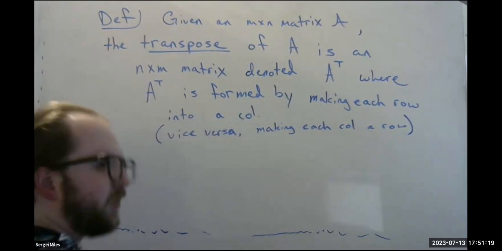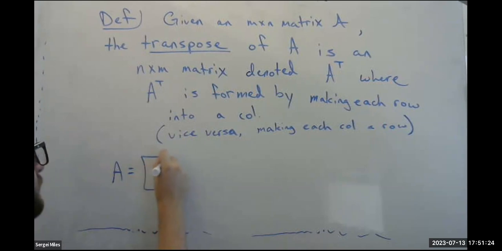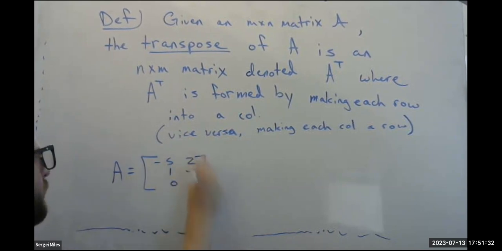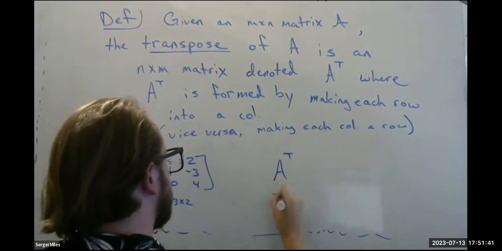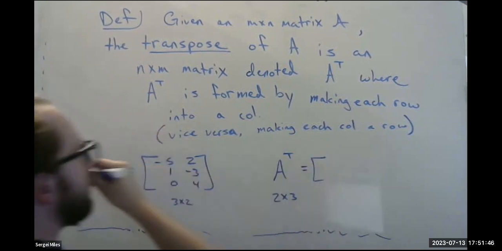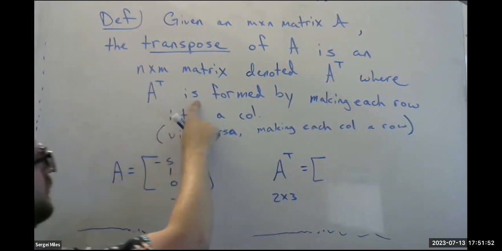What does that mean? That seems kind of weird. Well, let's say A is this matrix, -5, 2, 1, -3, 0, 4. So this is currently a 3 by 2. So according to this definition, A transpose should be a 2 by 3. Okay, well, how does that work? A transpose is formed by making each row of the matrix A into a column.